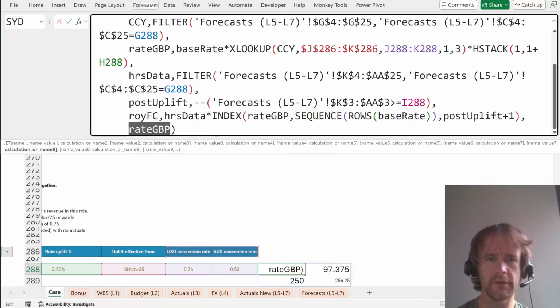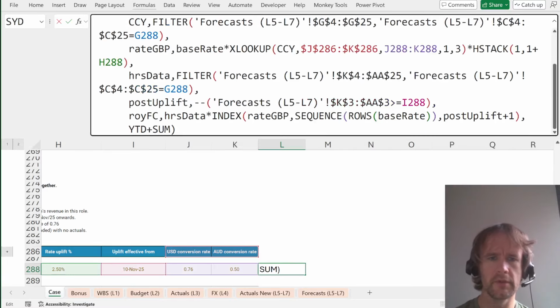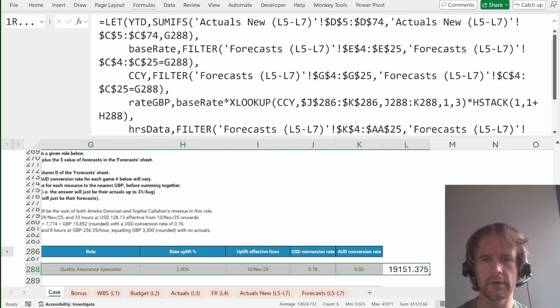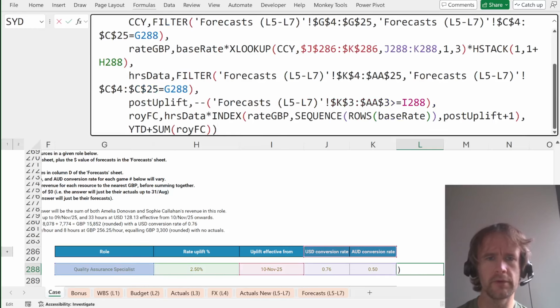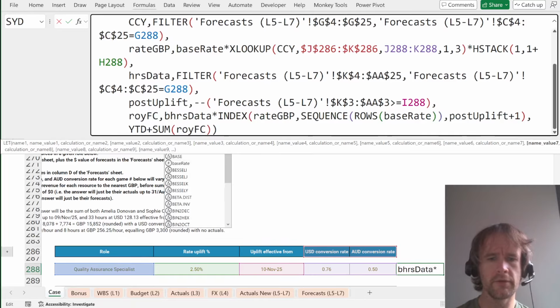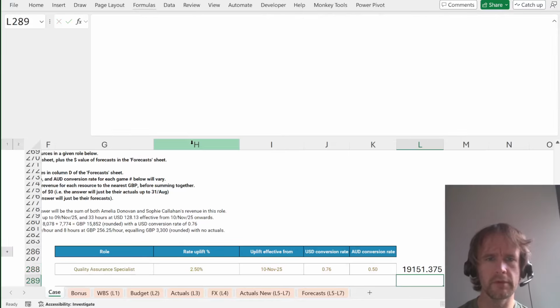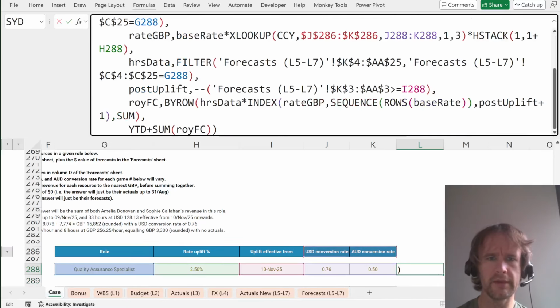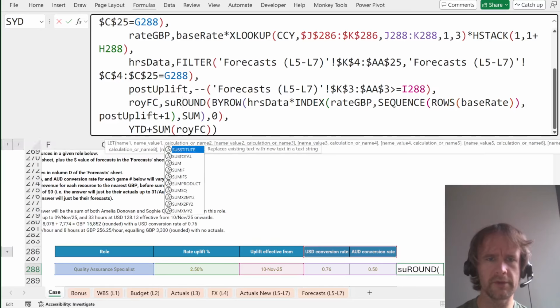So then we should be able to go back to YTD plus sum of rest of year forecast. Now we're talking. Except that first we need to round this sum, and then we need to round that to nearest pound, and then sum it again.